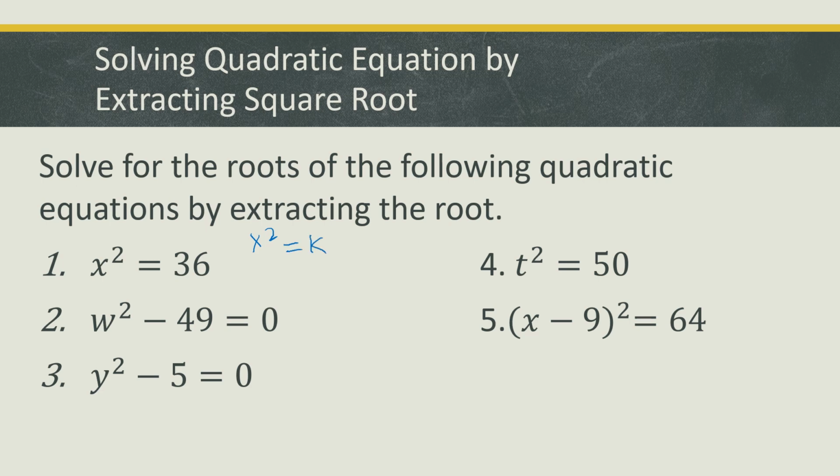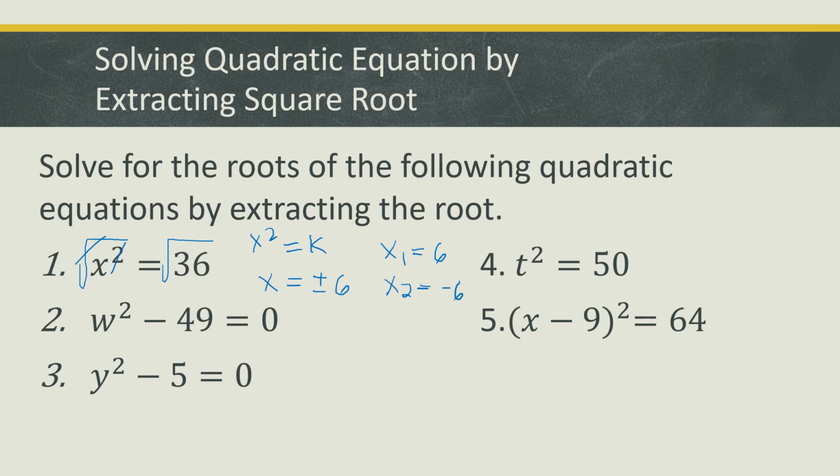So what we are to do is to extract square root both sides. That's why it is called extracting square root method. And in this case, we can now cancel the square of the x and then get the square root of 36, that x has two values, positive and negative 6. So the first solution, we have positive 6, and the second solution is negative 6.